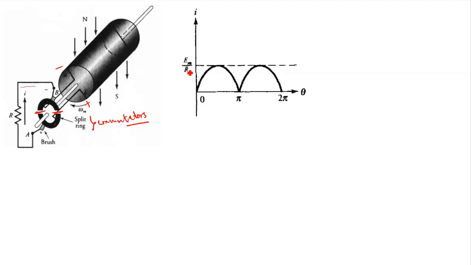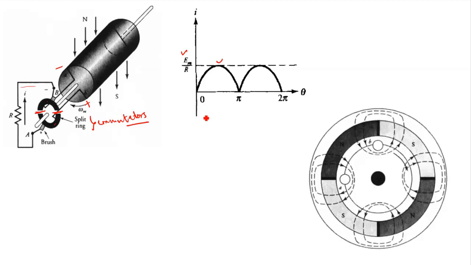The maximum value of current will be Em by R. And the voltage will also look like this with a magnitude of Em. Obviously, you can find the average value of this and go ahead.